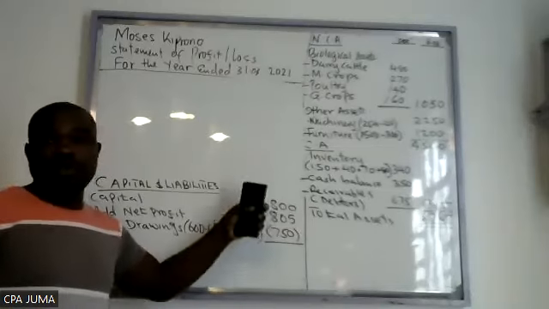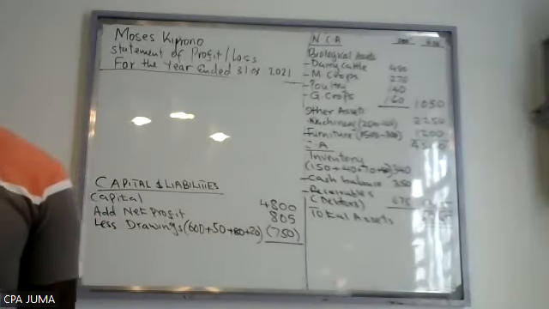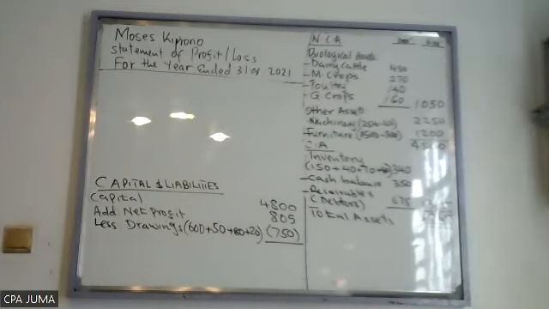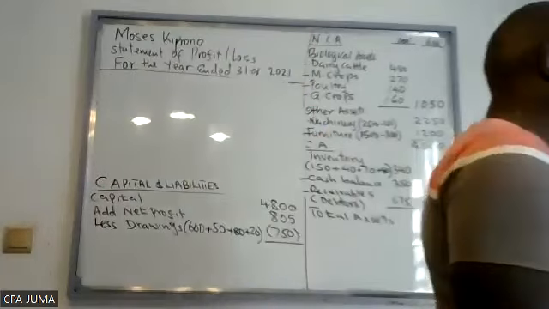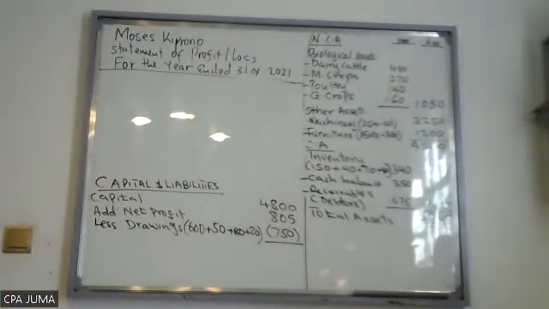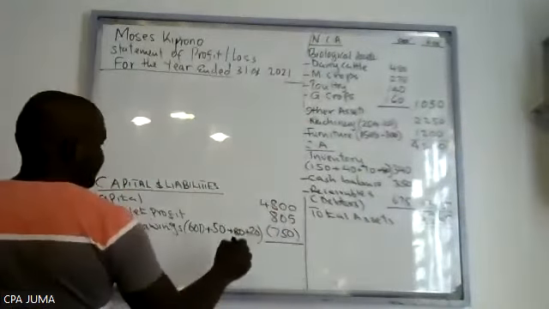So what do you get for the net capital when you adjust the three? People are getting 4,855.